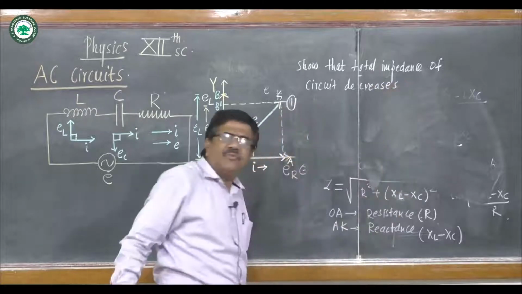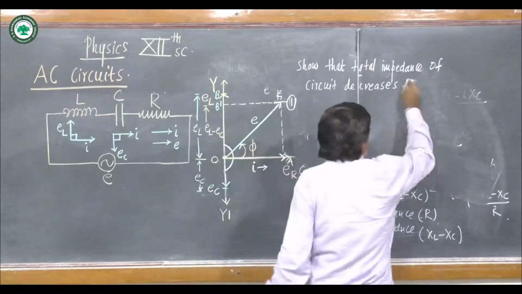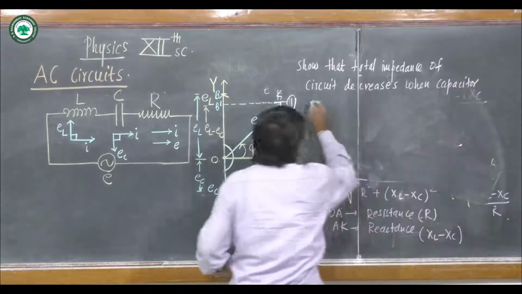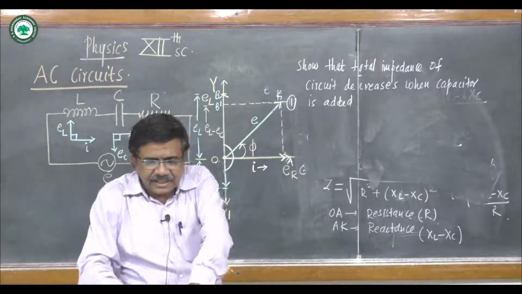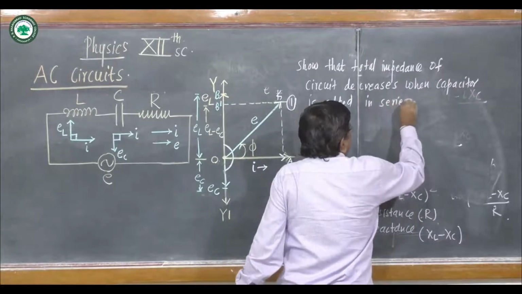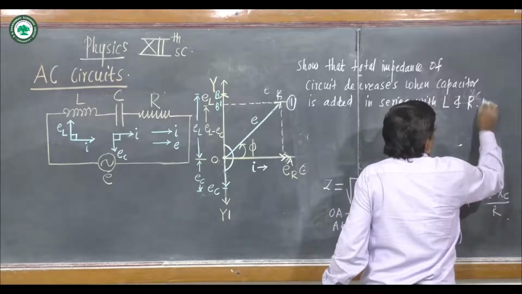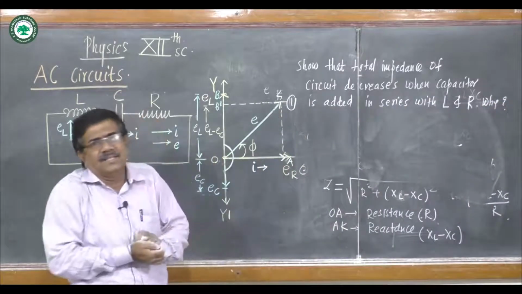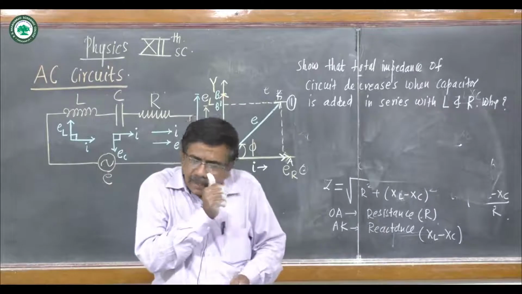We know the definition of impedance. Show that total impedance of the circuit decreases when a capacitor is added in series with inductor and resistor. And why?